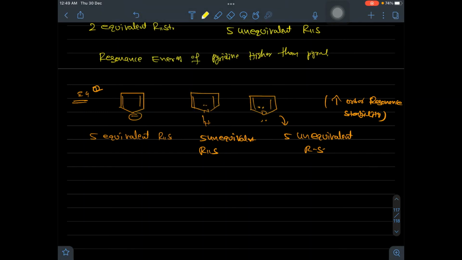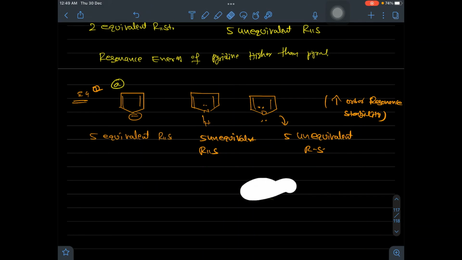Resonance stability will be higher for the 5 equivalent one, there is no doubt at all. So this first one will have higher resonance energy. But among the other two, which will have higher resonance energy, you should know.